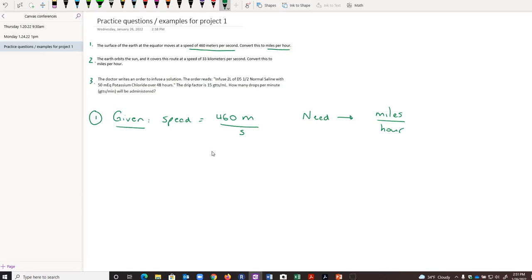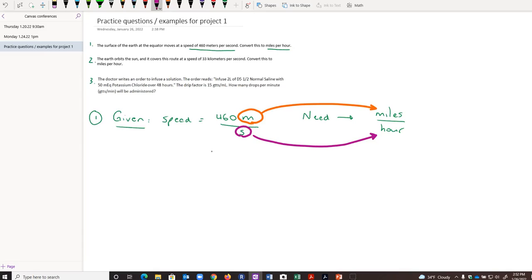Okay, so if you take a close look at what we're doing here, we're performing a couple unit conversions, but we're doing them simultaneously in this problem. We have a conversion that we're doing in terms of the distance, going from meters to miles, and then we're also going to convert the time, seconds into hours.